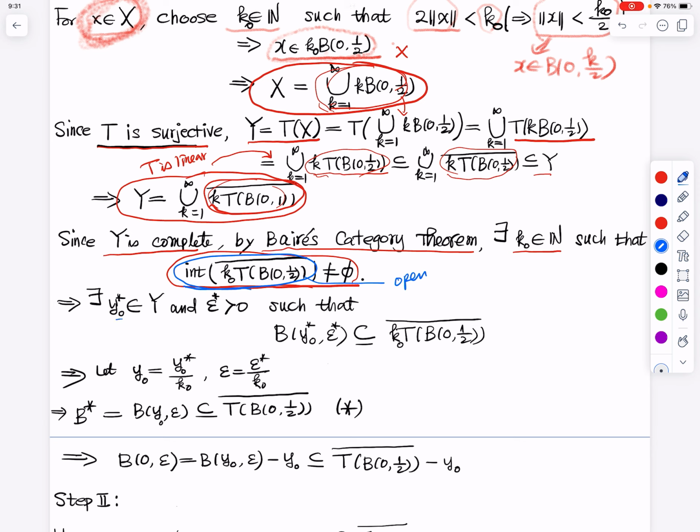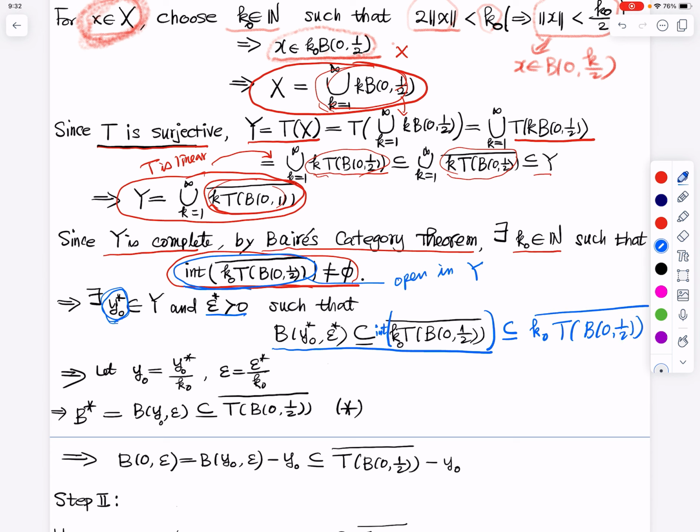Then you can choose y0 star in Y, open in Y, so there exists y0 star in Y and an epsilon ball such that it belongs to here. Actually, I can write the interior of this set, and the interior is always contained in the original set, so it's better to write it with the closure.